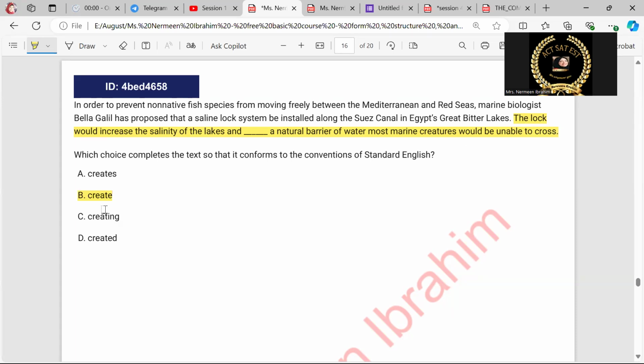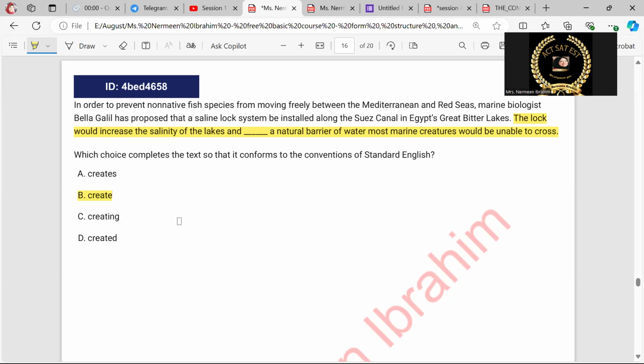First of all, is it subject-verb agreement? I think yes. No, because creating is not singular or plural. Created is not singular or plural, right? Yes. So it's not subject-verb agreement.